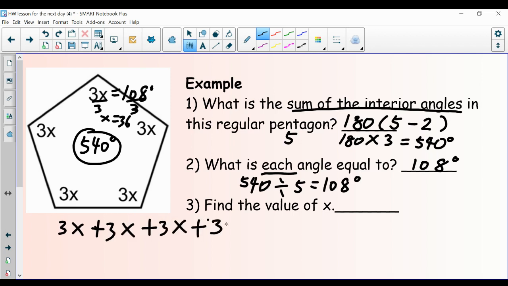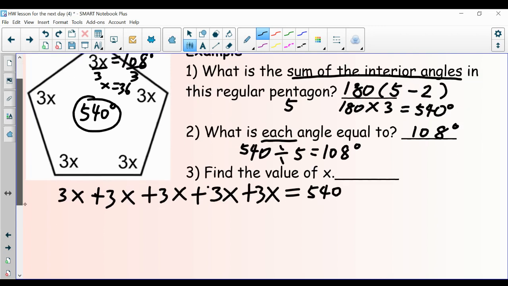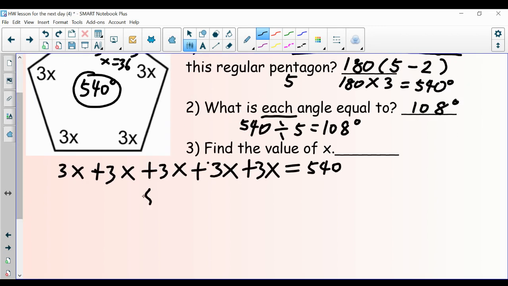And people say, whoa, miss, this is so long. Okay, I'm going to tell you a short way. They add up to 540. And there are 5 of them, right? So you can do this. 5 times 3x equals 540. If you want to write that, you still get credit because they know that this pentagon has 5 sides.